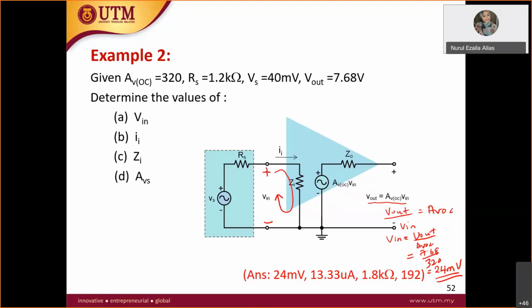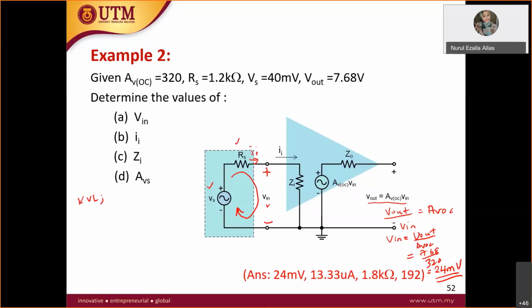Yes, RS is given. In this case, we don't know Z in, therefore we can't apply the first loop like here. But we have RS and also we have VS. Now we already calculated the V in, so you can actually get the I in. This I in is actually the same I in here, in the same loop, in series. Therefore you apply KVL, and you will get your I in.